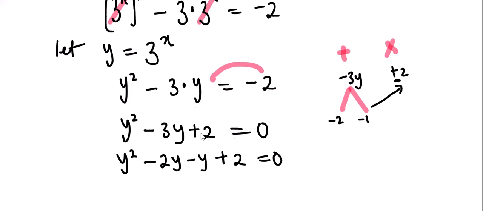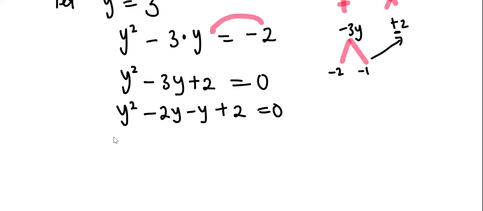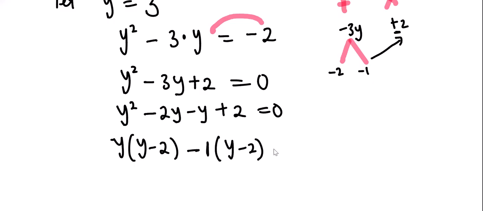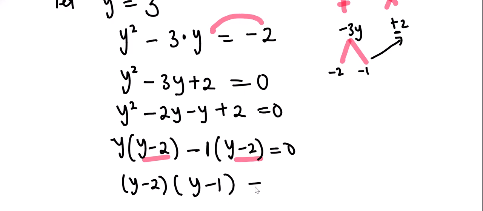Proceeding by factorization, I can factor out y: y minus 2, then y minus 1 equals 0. Factoring out y minus 2, which is common, I have y minus 2 times y minus 1 equals 0.